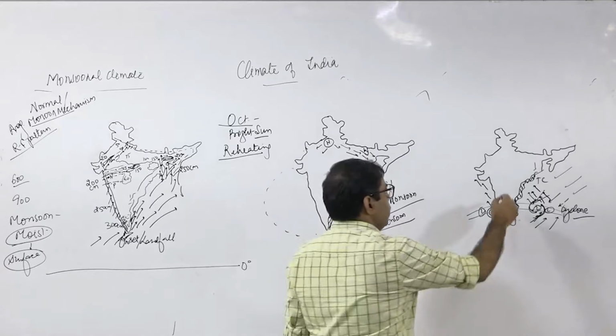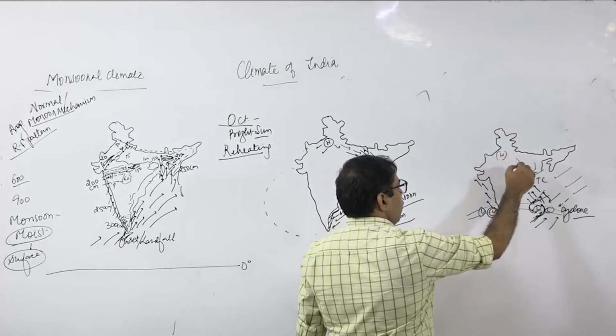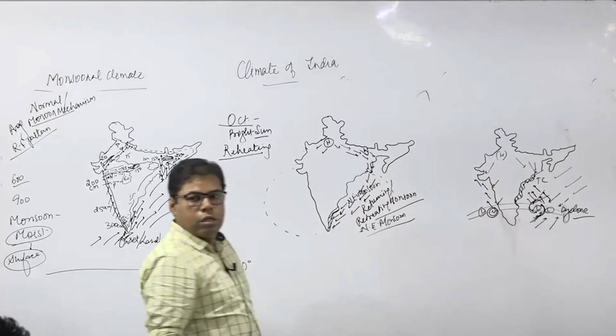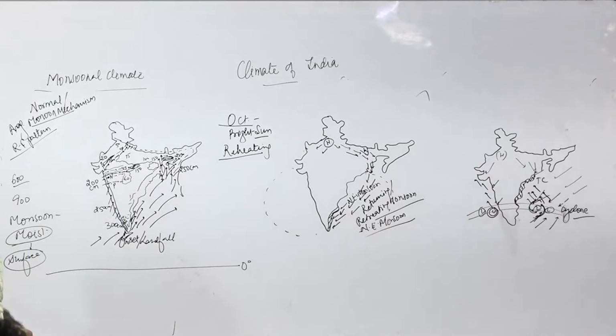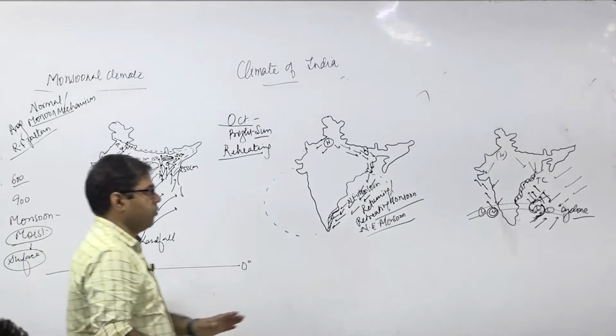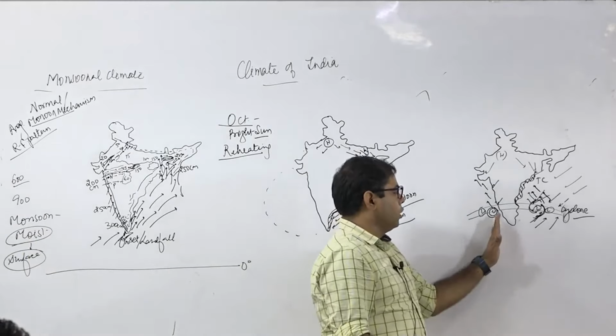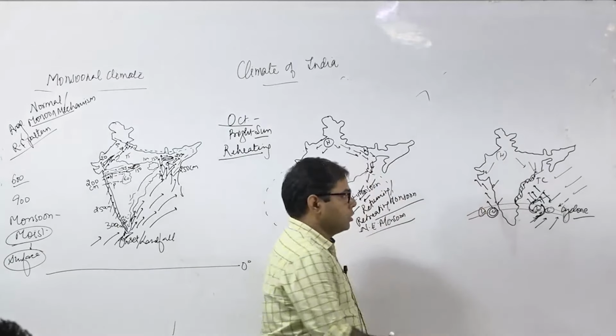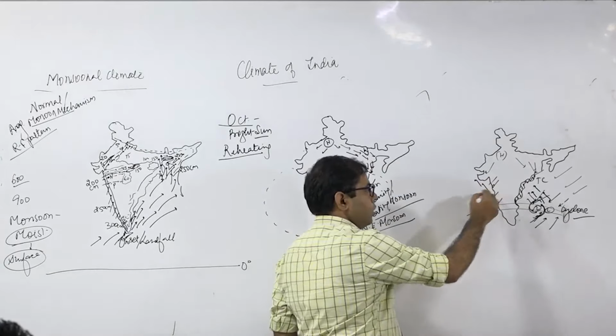High pressure is maintained over India, so there is a continuous supply of wind from India to these oceans. In the Arabian Sea, the cyclone moves to the west because it is also pushed by the wind coming from the land.